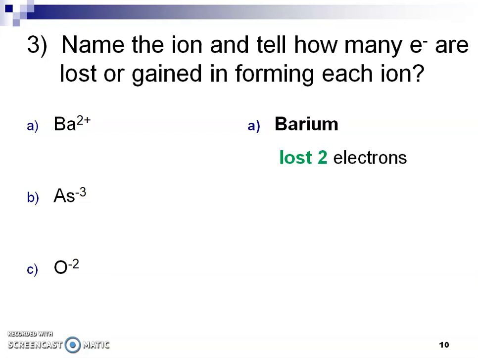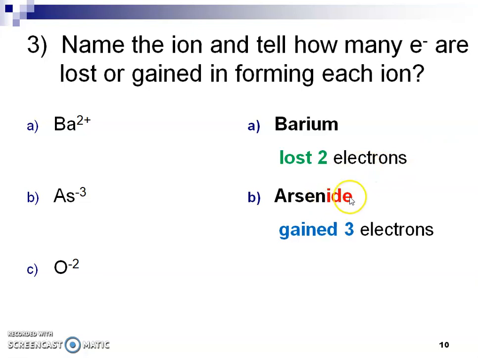All right, B, arsenic now changes to arsenide because it's negative, and -3 means that it gained 3 electrons. So again, this one's a little trickier to know what ending you take away and what the new ending is, but arsenic changes to arsenide. I was thinking of arsenate, which is the polyatomic ion that we're going to learn about in the future.